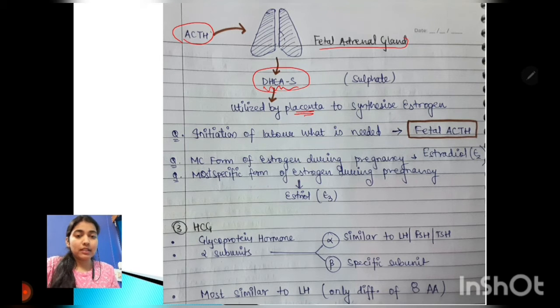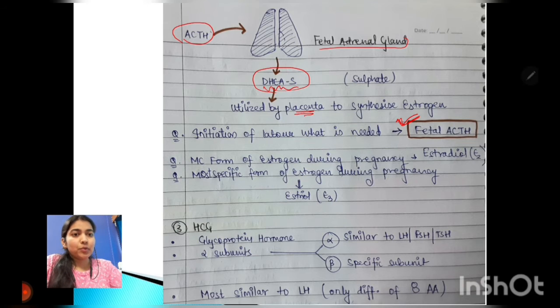What is needed for initiation of labor? This is fetal ACTH. Fetal ACTH is very important for initiation of labor, and it is absent or very low in an anencephaly fetus. So there is no initiation of labor. Maybe the baby goes postterm, and then we discover that there is anencephaly.